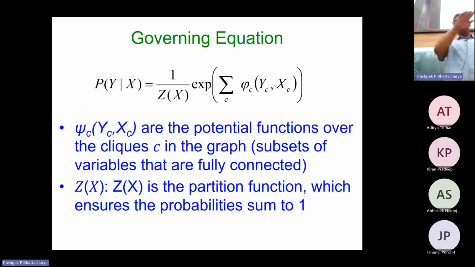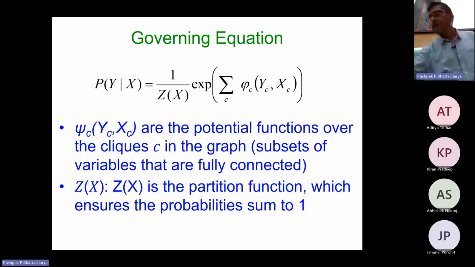Probability of y given x, which is what we are concerned with, is expressed in terms of a normalizing factor Zx, which is a function of the input, multiplied by e to the power of a potential function, which is a function of both yc and xc, where yc and xc are labels and observations of a connected subgraph of the graph.